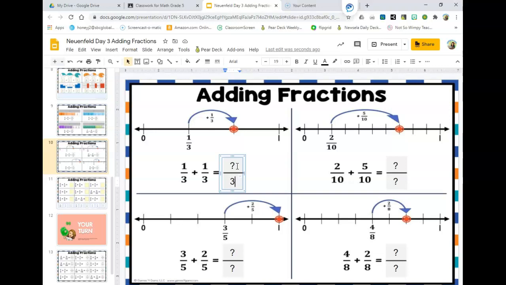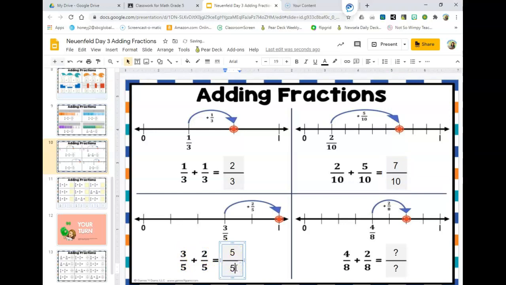Okay, welcome back. 1 plus 1 equals, that's right, 2. All right, moving on to our next one. We have 2 plus 5. 2 plus 5 equals 7. My denominator remains the same and stays 10. 3 plus 2 equals, that's right, 5.